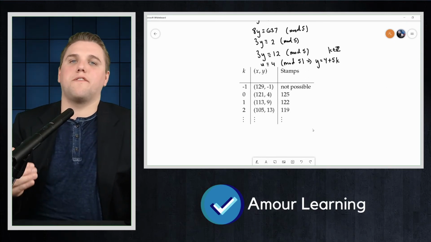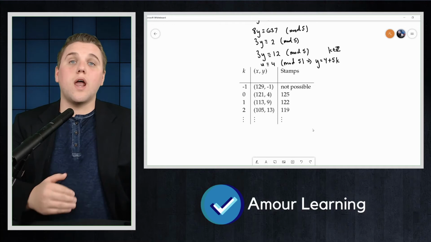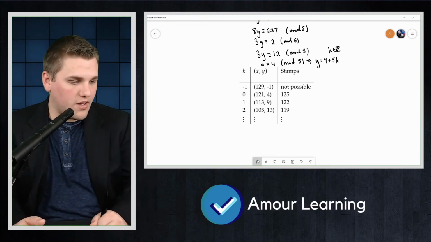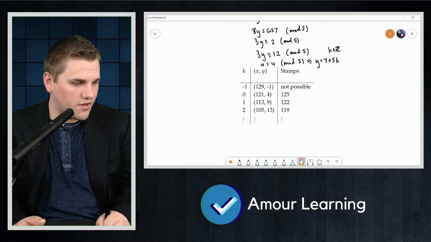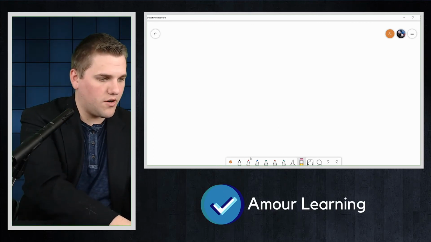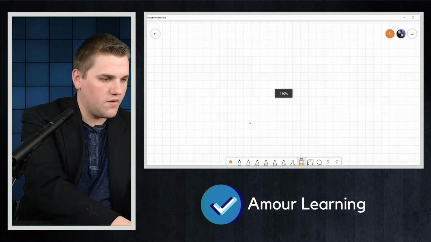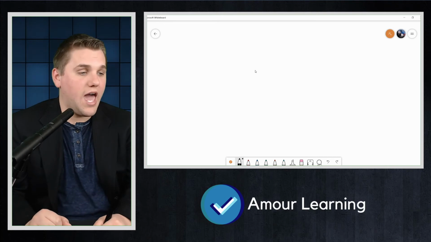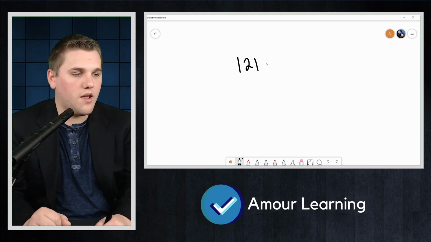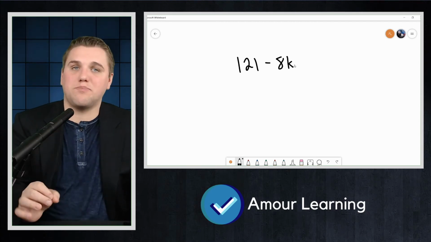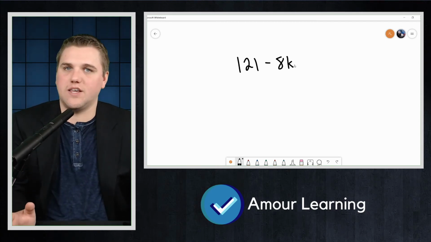To minimize the number of 5-cent stamps, we want to pick a k so that 121 minus 8k is as small as possible, but still positive.